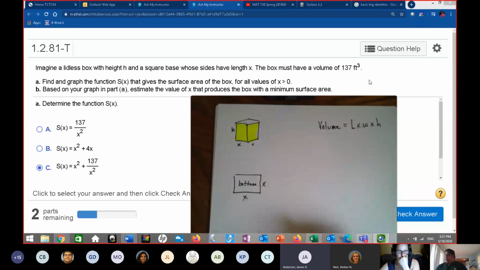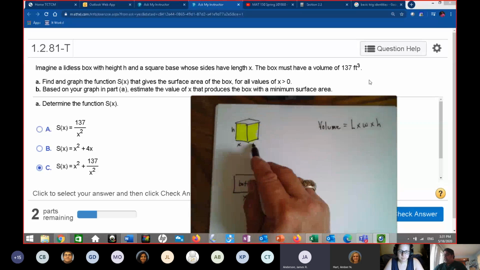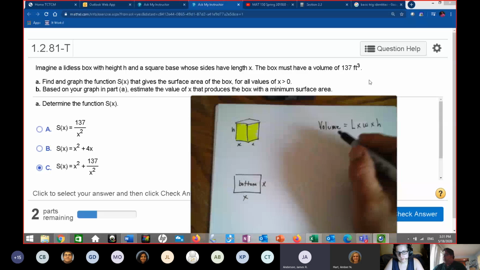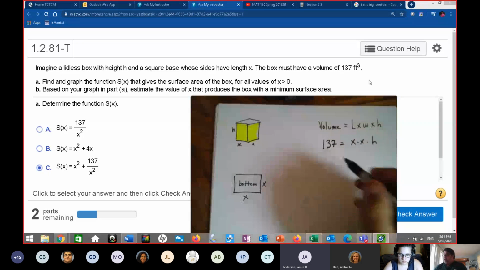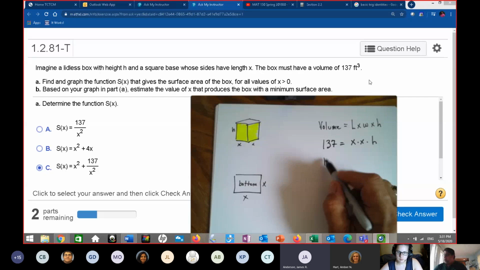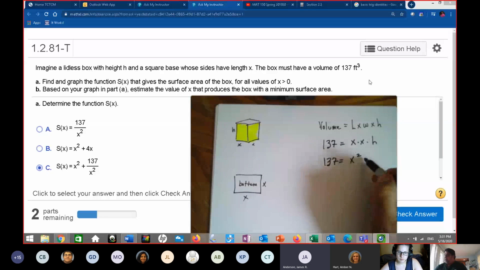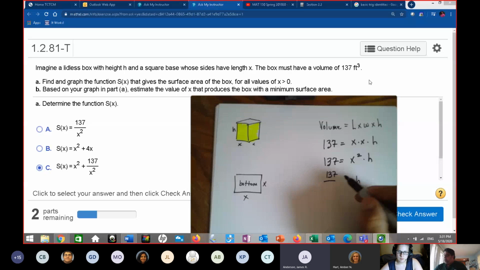In this case, we know we've got x times x, which is x squared. So 137 is equal to x squared times height, and height is equal to 137 divided by x squared. And we're going to keep that in our handy dandy memory bank.